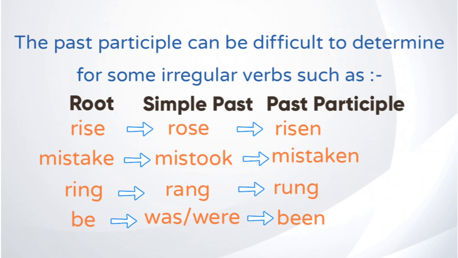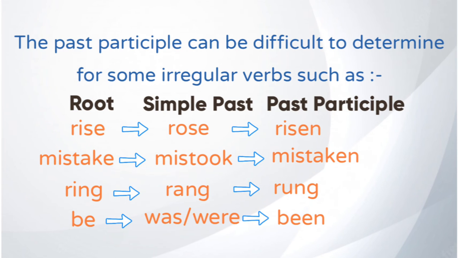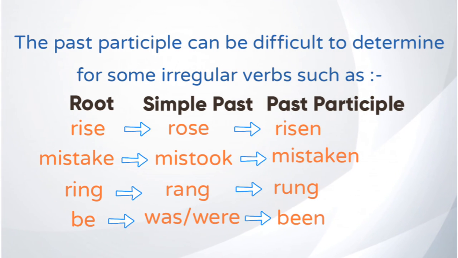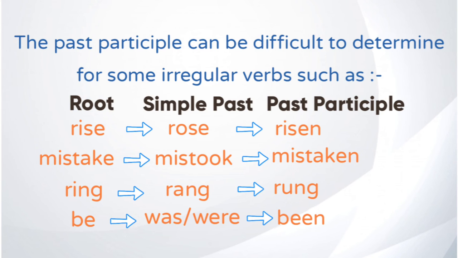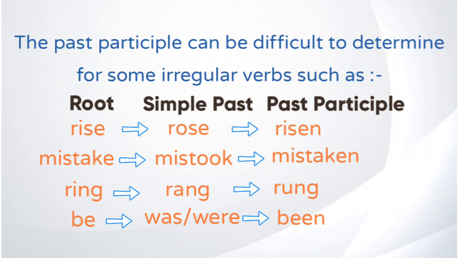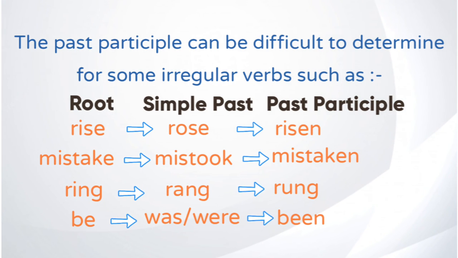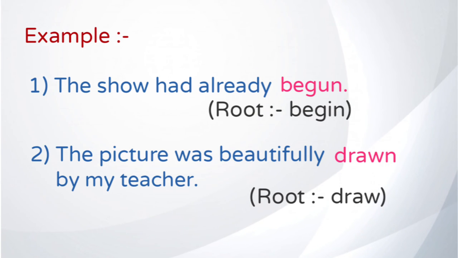Likewise, mistake, mistook, mistaken; ring, rang, rung; be, was or were, been. Let's see some examples related to this. First example: the show had already begun. Here the root word is begin, which became begun. Second: the picture was beautifully drawn by my teacher. The root word is draw, which became drawn.